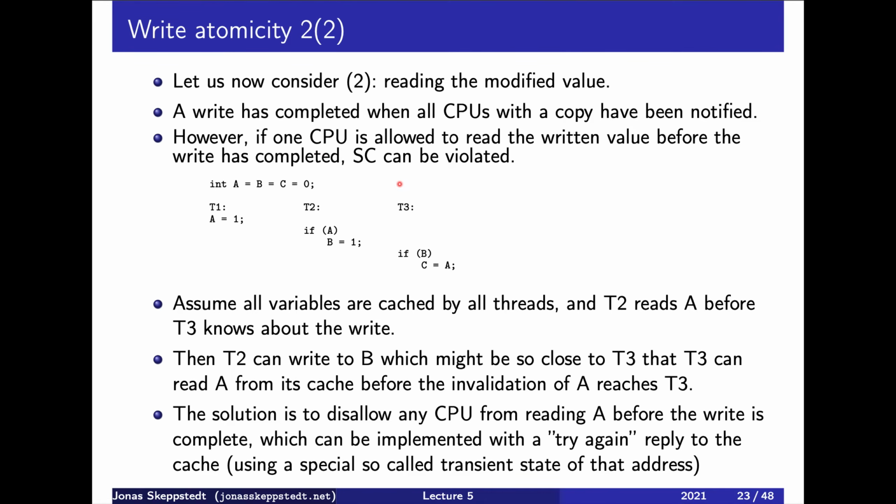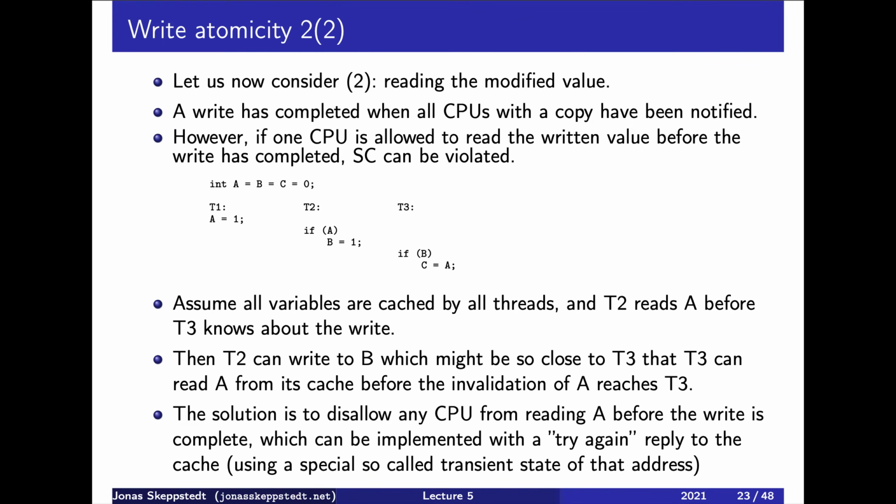Okay, and the other thing, reading the modified value. So what is the problem? If this T2 would read the value of A before this write had completed, then it could start doing this write, and the value of B could reach T3 before the value of A, and the program would be wrong.